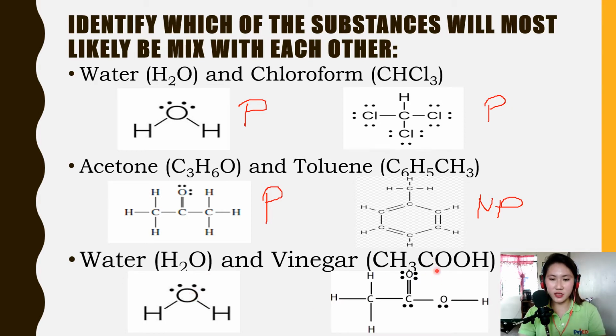Again, this one also has a lone pair, electrons that are not yet bonded to the other atom. So this means both of these molecules are polar substances. Again, like dissolves like, or like mixes with like. So this means water and vinegar will mix well together.